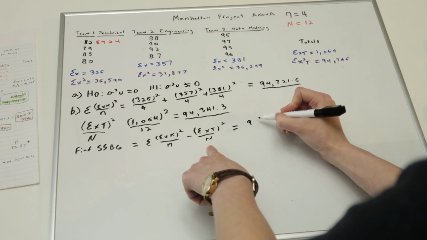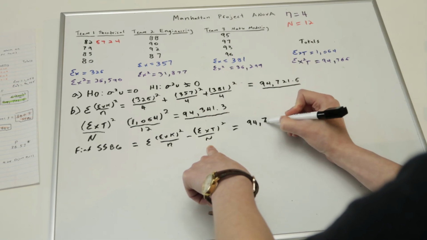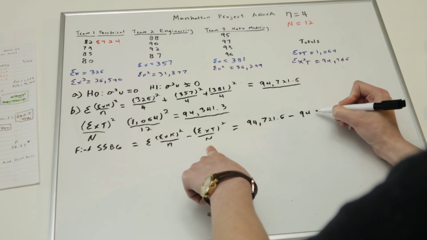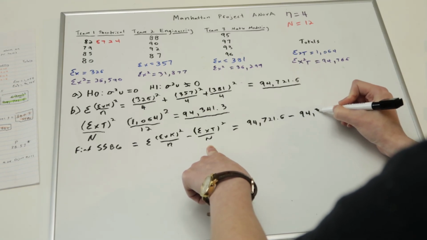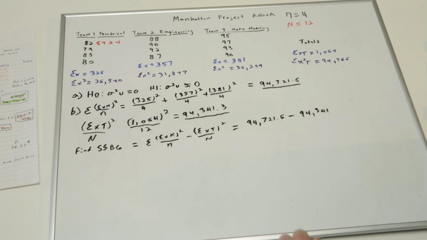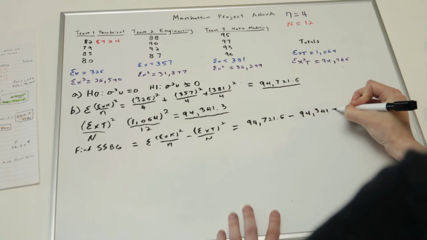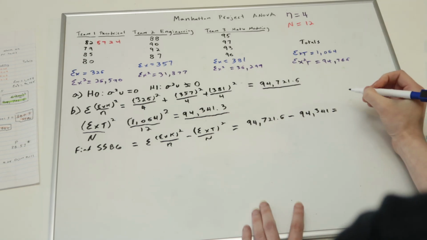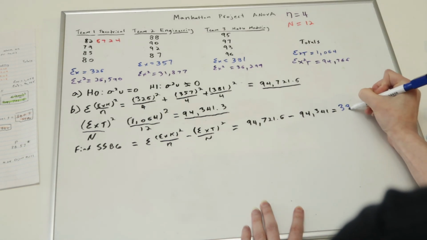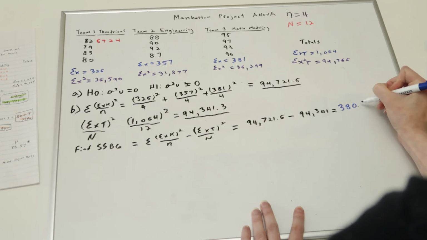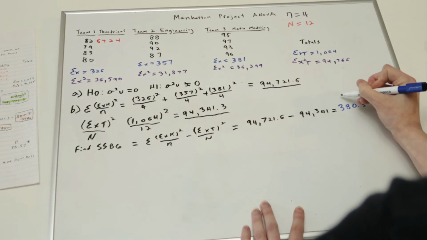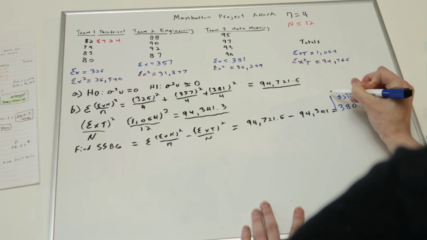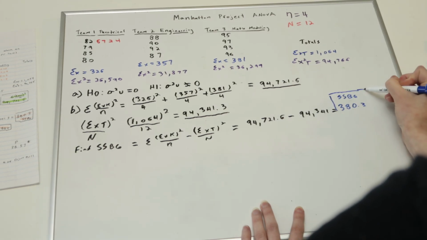So 94,721.6 minus 94,341.3. What does that equal? It equals 380.3, which is the SSBG, the sum of squares between groups.